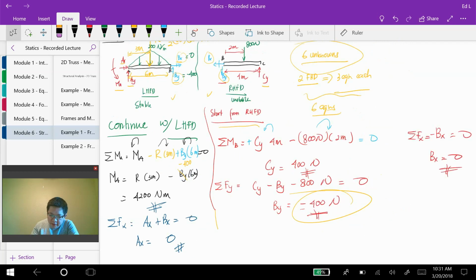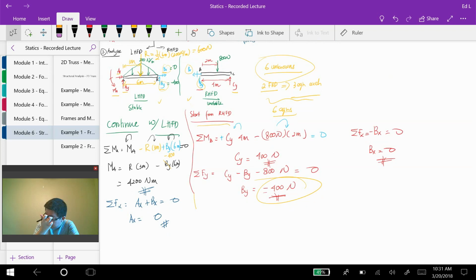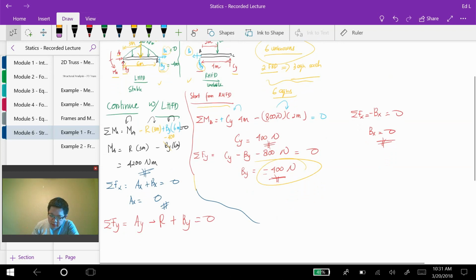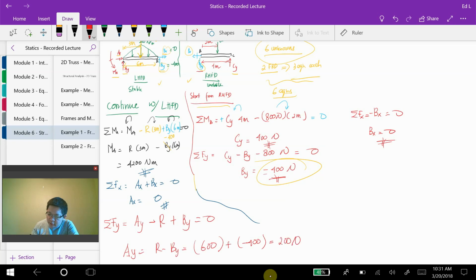The final equilibrium equation from the left hand free body diagram is the sum of the forces in the y. We have Ay positive going upward, negative R going downward, and positive By because it's going upward, set equal to 0. So here my Ay is R minus By. R is 600 plus By is negative 400, so my Ay is 200 Newtons.